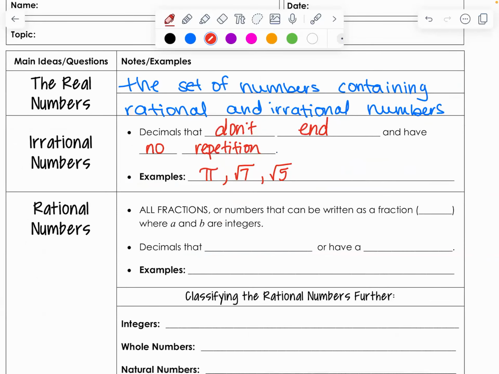Separately, we have rational numbers. Rational numbers, in their truest definition, are fractions or numbers that can be written as a fraction. So if we can write a number as A over B, boom, we have a rational number. Now, not all the time do we see a rational number written as a fraction.